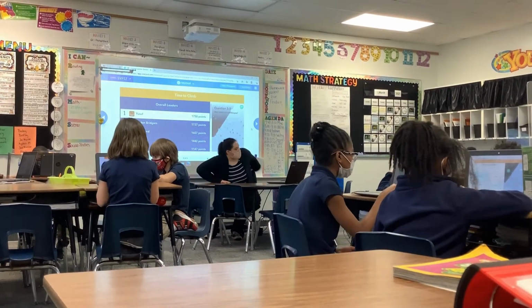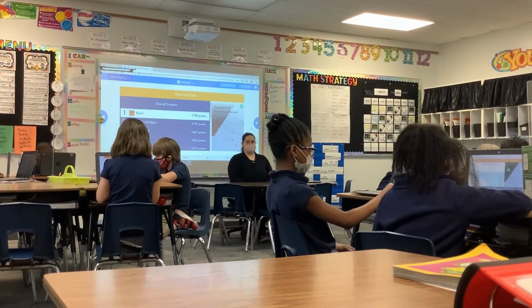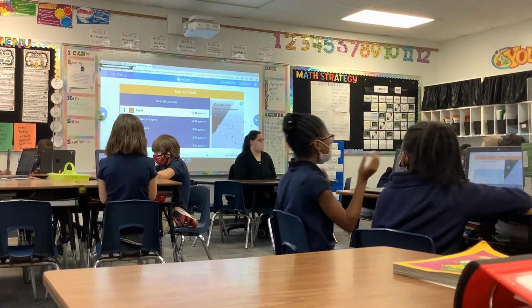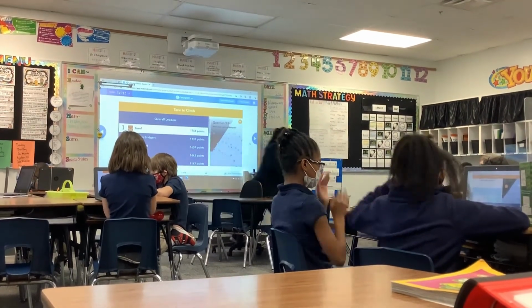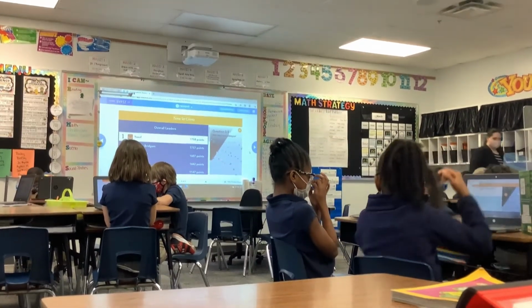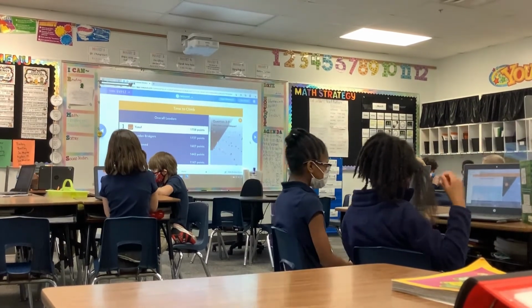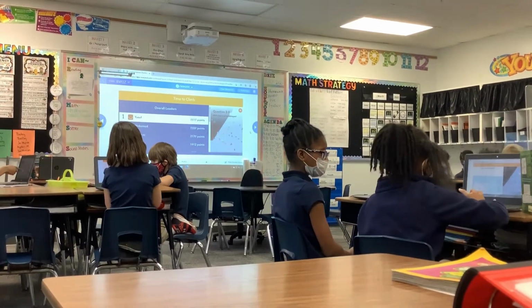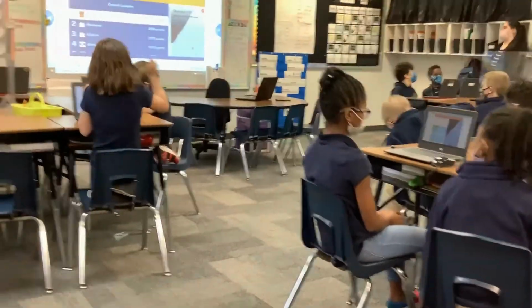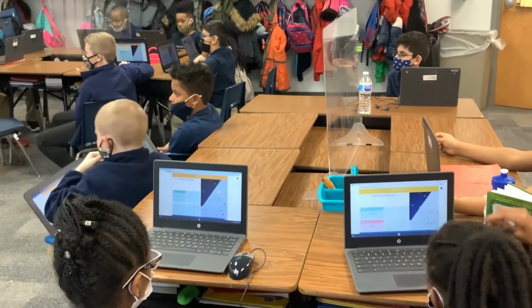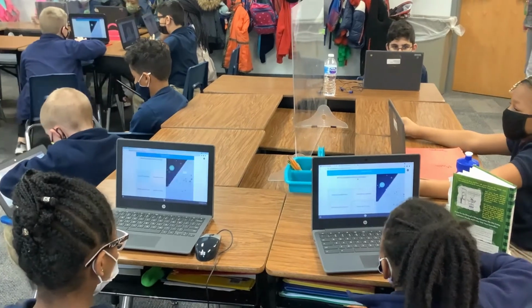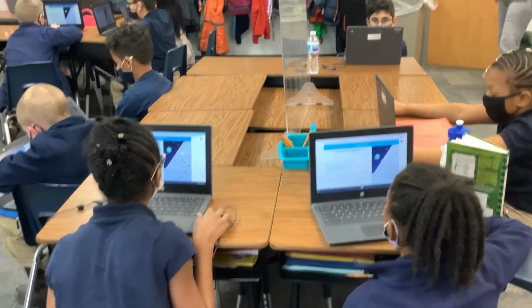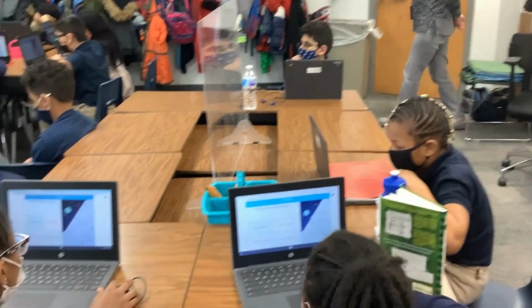Which shape is not a parallelogram? Which two quadrilaterals only have right angles?